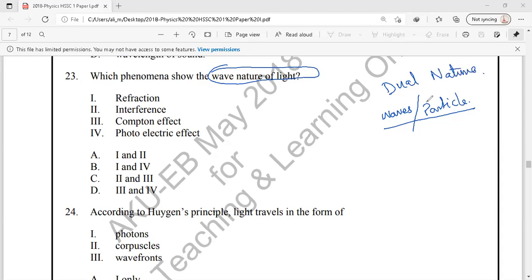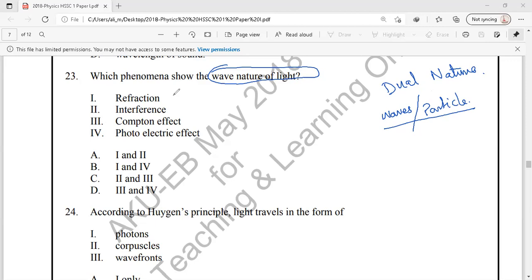But at the same time, one more important thing is that these two natures cannot be seen simultaneously through a single experiment. In some experiments, in some processes, light behaves as a wave, while in other processes light behaves as a particle.